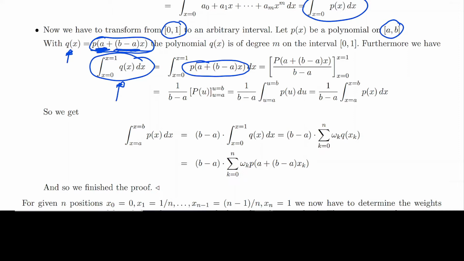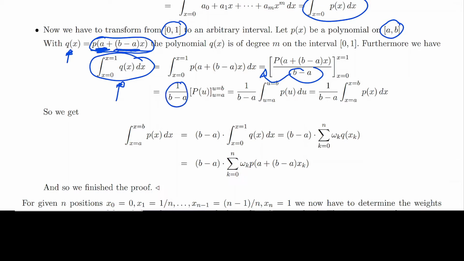Okay, but q of x is a slightly reformulated polynomial p. So the antiderivative is the antiderivative of p, but there's the chain rule. So we have to divide by the inner derivative, which is b minus a. And so we are here, and now we can take this factor out.